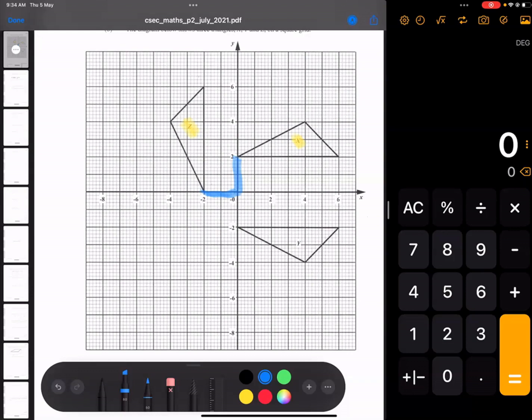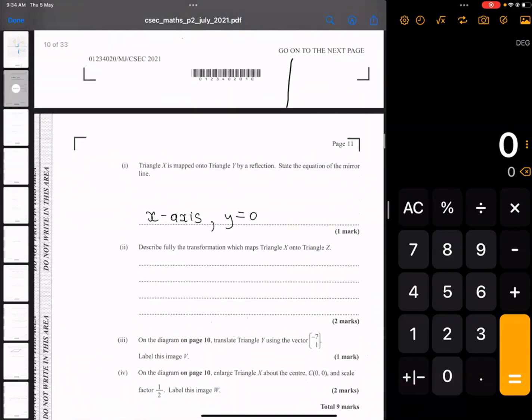So that means this triangle has been rotated about the origin through an angle of 90 degrees in an anti-clockwise direction. That's how we describe it. Then we'll scroll back down and put that as our full description for 2 marks.